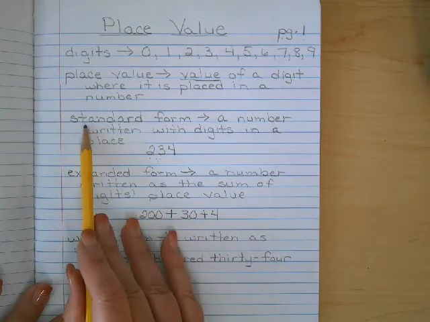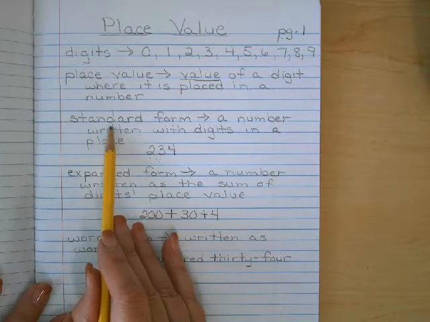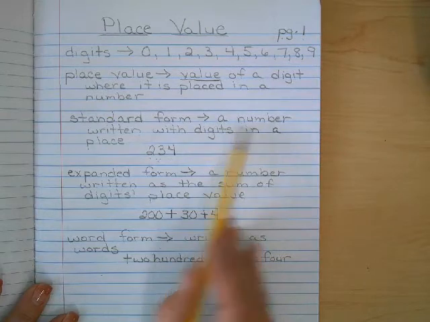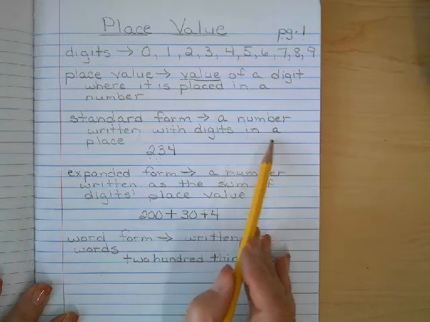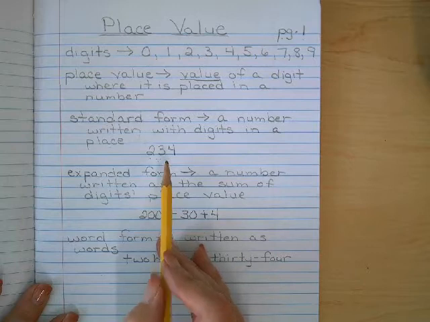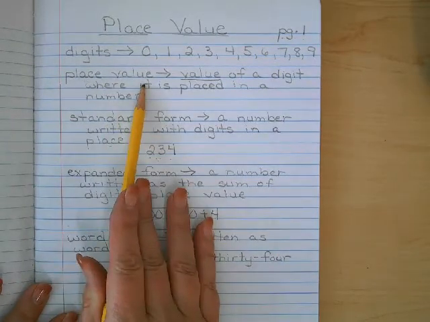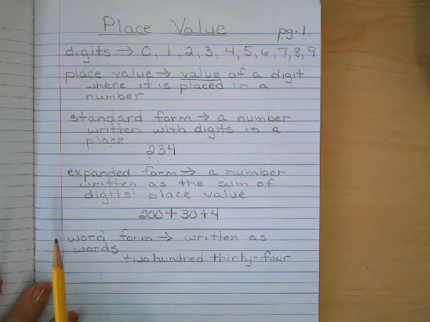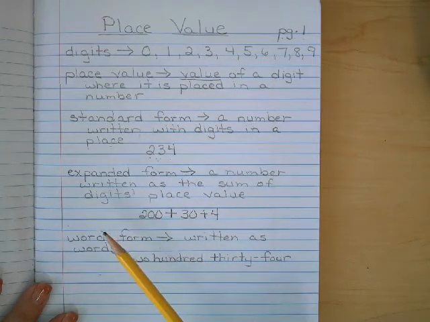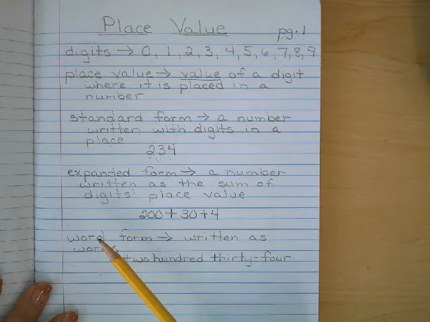So when we go to write a number, we usually write it in a standard form. It's a number written with digits in a place, and based on that place, they have a place value. So this all is coming together from our lessons when we started on our standard form, expanded form, and written form.